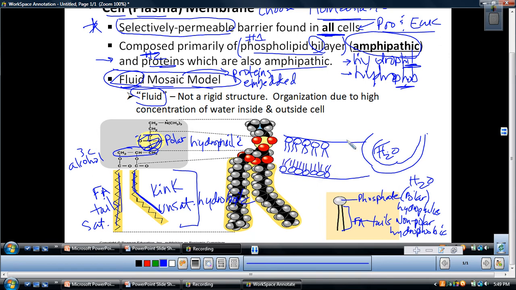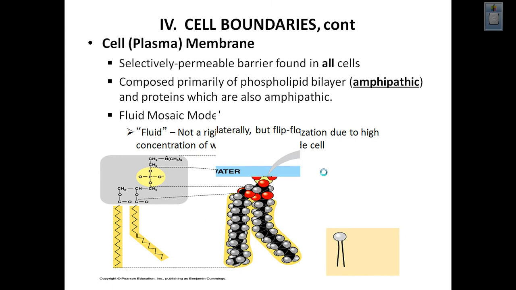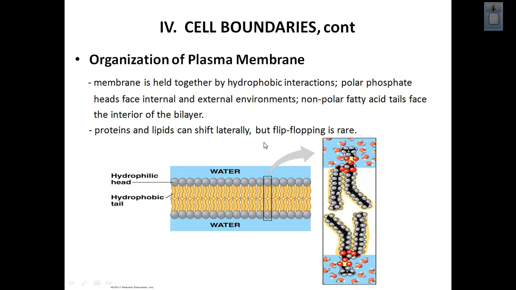So if this is inside the cell and this is outside the cell, notice how these phospholipids would arrange themselves so that the heads face the water inside, and on this row, the heads face the water on the outside. So the middle region is very hydrophobic, scared of water, but this is hydrophilic facing the inside and outside of the cell. That's where we get the bilayer aspect, which you can see in this next diagram.